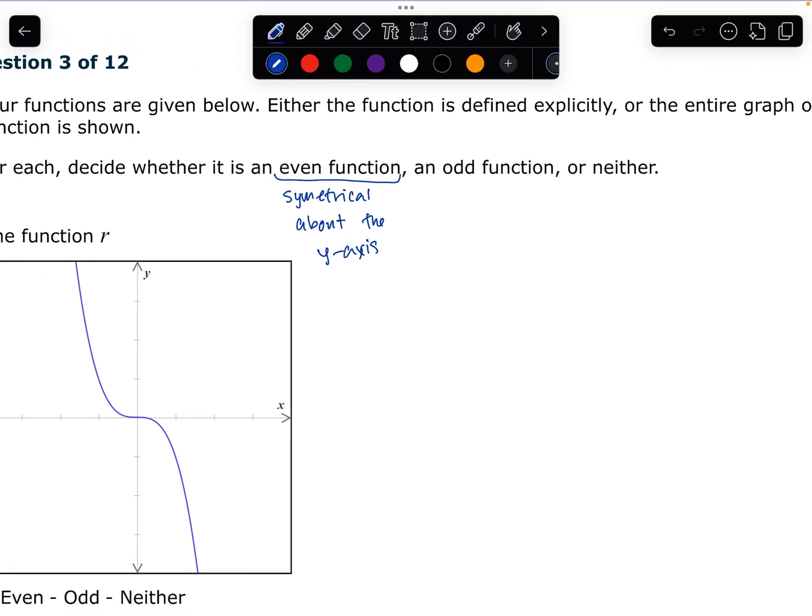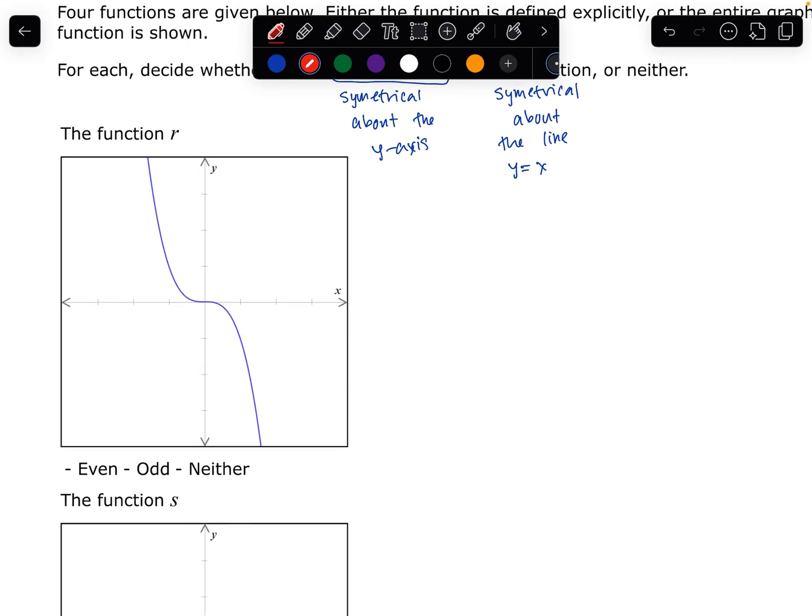An odd function is, this one's kind of weird. An odd function is symmetrical about the line y equals x. Let me graph the line y equals x. So this is the line y equals x.